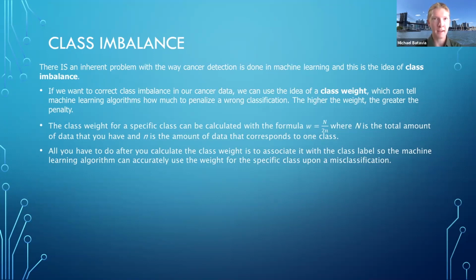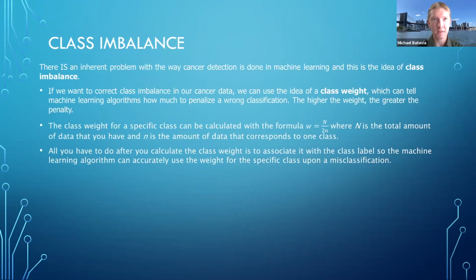So like, oh man, I detected that this image of a tumor was benign, but it was actually malignant. Oh no, it gives itself a penalization or a cost. However, with this idea of a class weight, we can actually tell the neural network to penalize itself more when it makes a mistake on the smaller class.